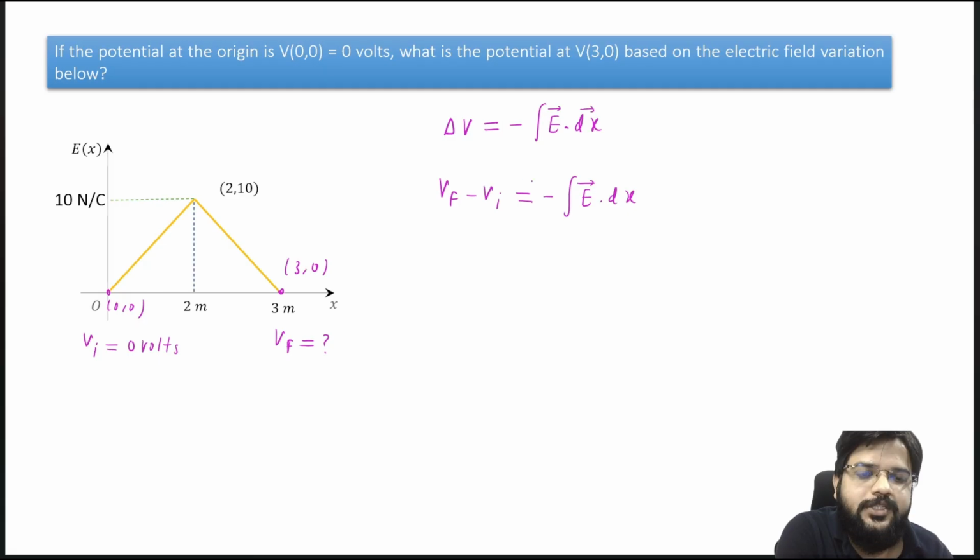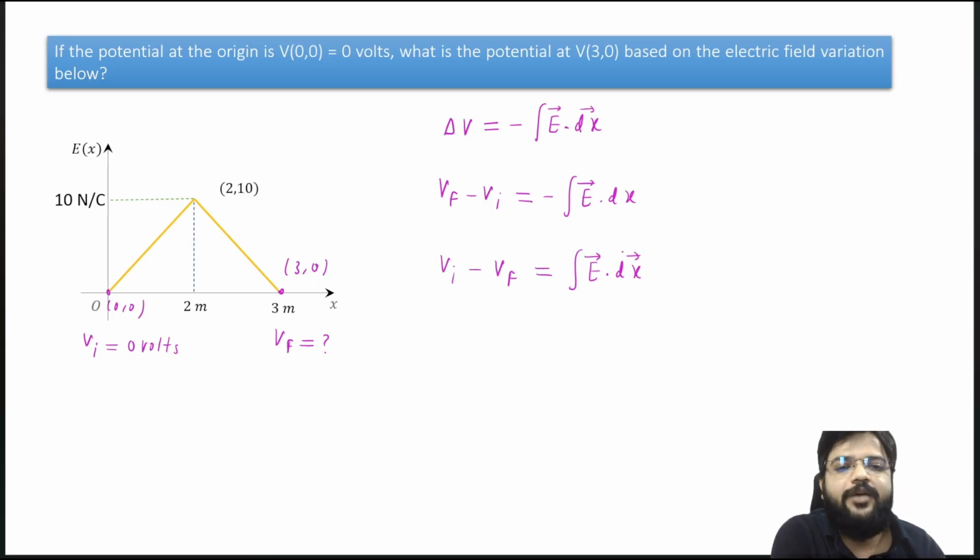Now put this negative sign here, then it is V initial minus V final equal to E dx. Now the next thing: V initial minus V final is equal to the integration of E dot dx.